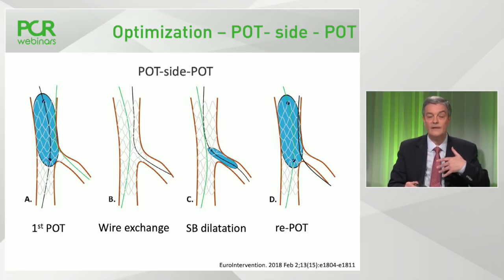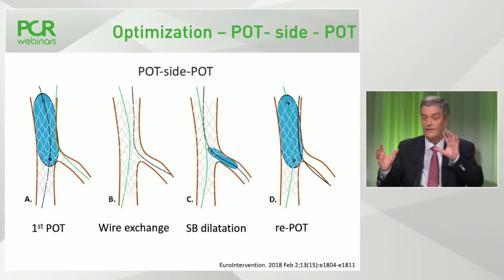But in my everyday practice, if you have a large side branch, as Dejan discussed, if you have Finet law or Murray law, you have three diameters which are interdependent. If you have a large side branch, it means that the discrepancy in diameter in proximal and distal main vessel is very large.